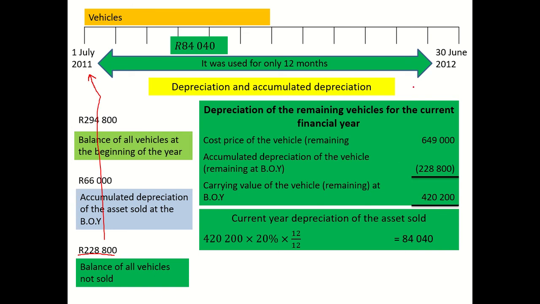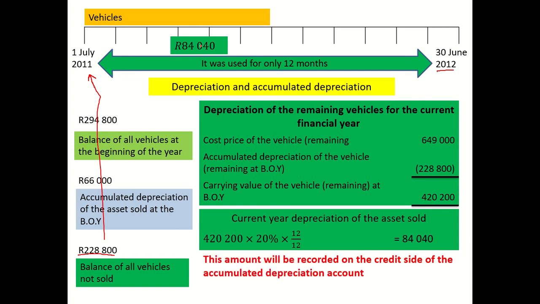Accumulated depreciation at the end of the financial year will not be the same as that, because it has to be increased by the current year depreciation, which is 84,040. Hence, accumulated depreciation of the remaining assets. Now, the depreciation of the remaining assets will be recorded on the credit side of your accumulated depreciation, because accumulated depreciation will always increase on the credit side by the depreciation amount.